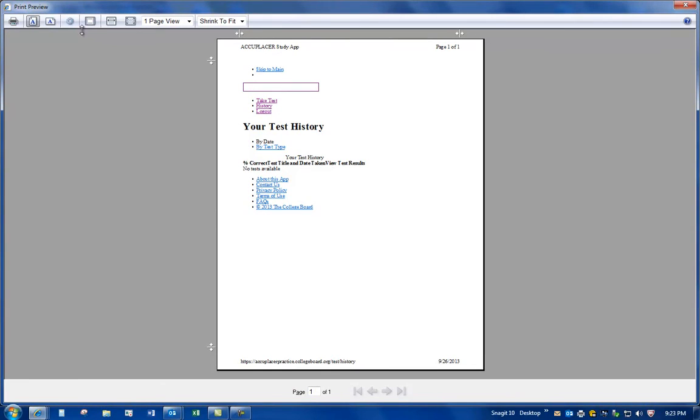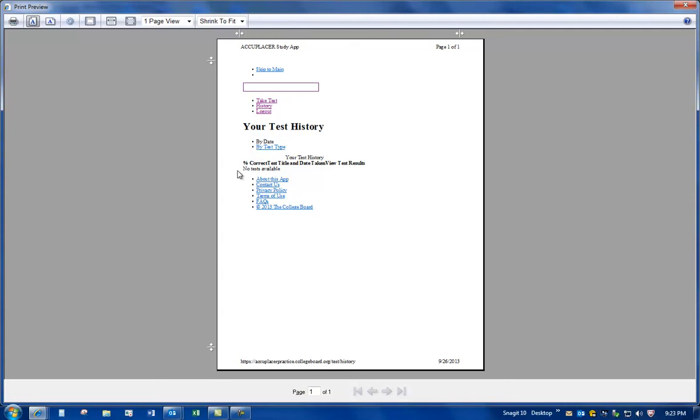In this print preview, you have a little print button up here, and this is where it's going to show. It says right here in the middle, your test history, and it says the percent correct, test title, and dates taken. Mine says no test available because I didn't finish any tests when I was logged in as George Washington for this sample.